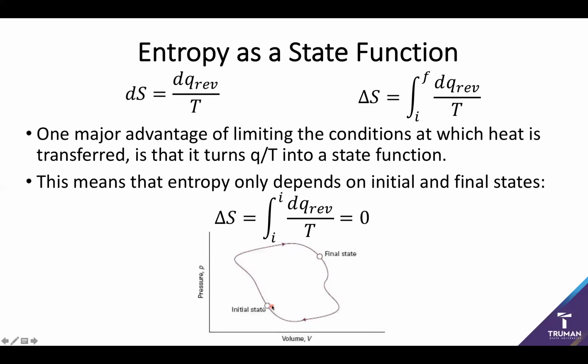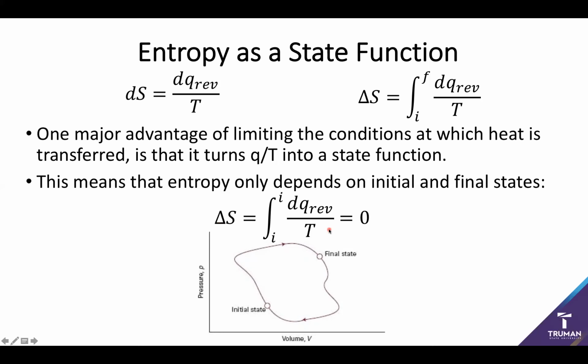And this is going to give us a lot of flexibility when describing the behavior of a system. Because again, I'm not going to be looking at the favorability of any given path, but simply at how possible it is to go from some initial state to some new state. And this makes the use of a state function for entropy incredibly powerful.